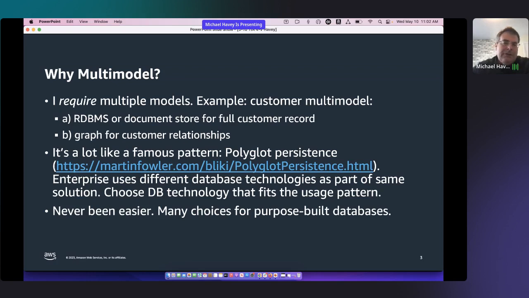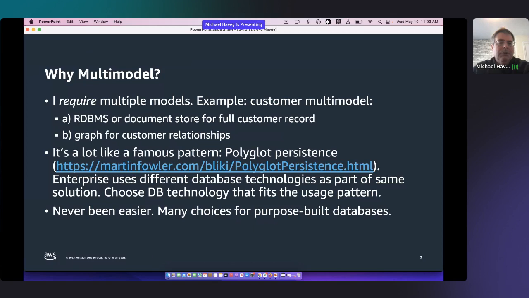And neither quite stands on its own. Graph is great at relationships, but it would not be the suitable place to maintain the customer record. But the RDBMS or the document store, although it's perfect for the customer record, it's not very powerful at managing customer relationships.